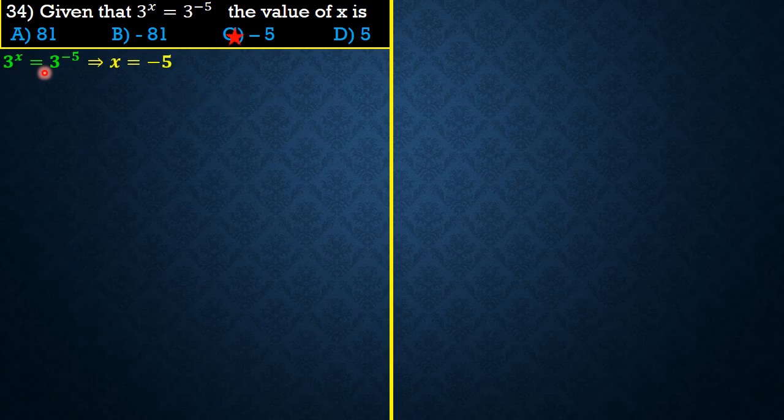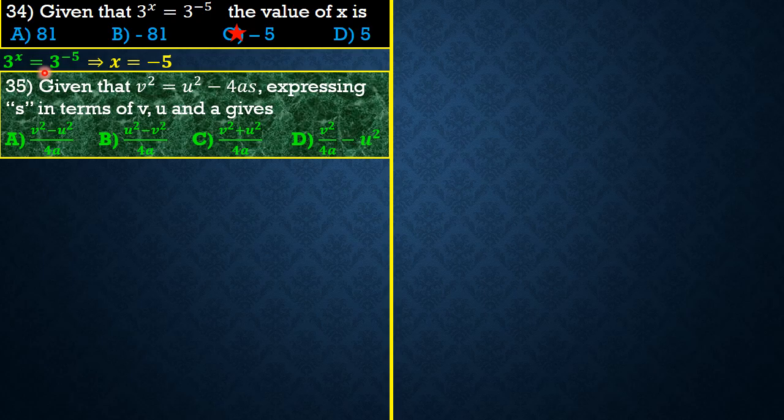Question 35, guys, reads that given that v squared is equal to u squared minus 4as, expressing s in terms of v, u, and a gives. So, friends, in order to do that, we have v squared equal to u squared minus 4as. All we need to do now is simply to carry 4as from the right hand side to the left hand side. The sign changes from minus to positive. Then we take v squared to the right hand side.